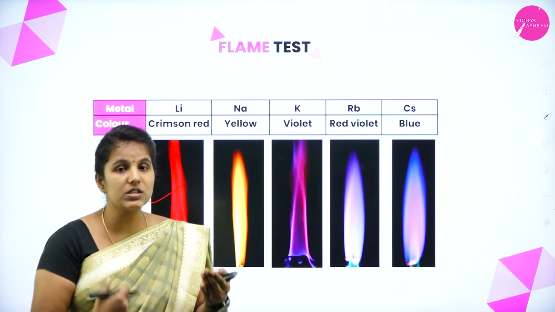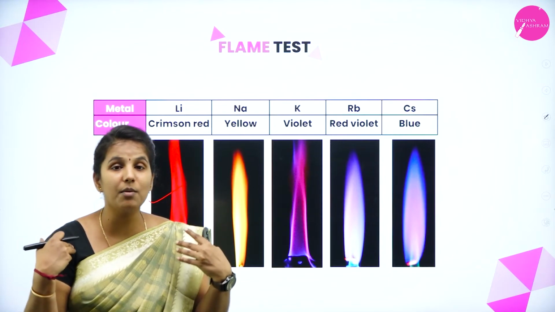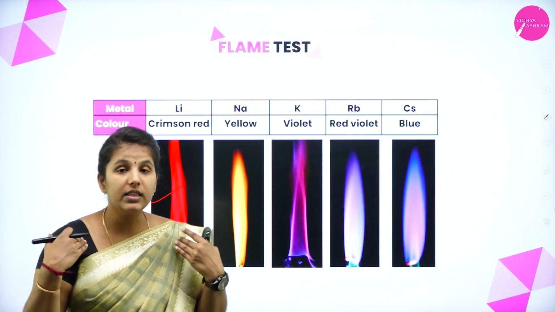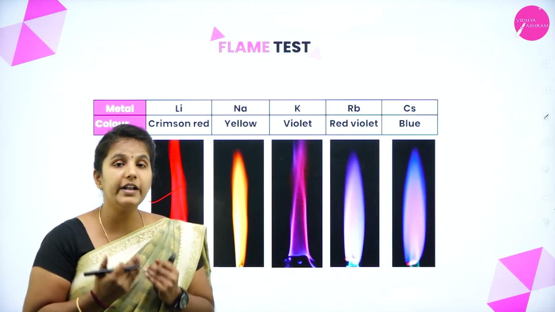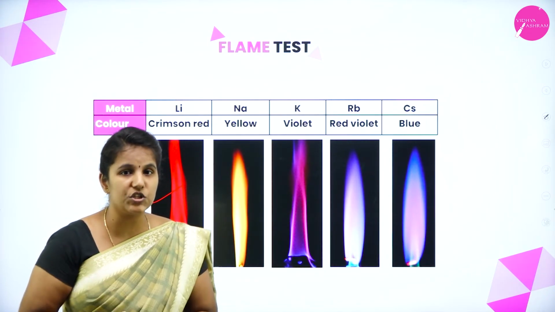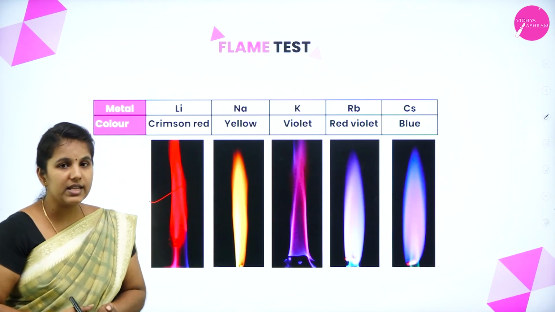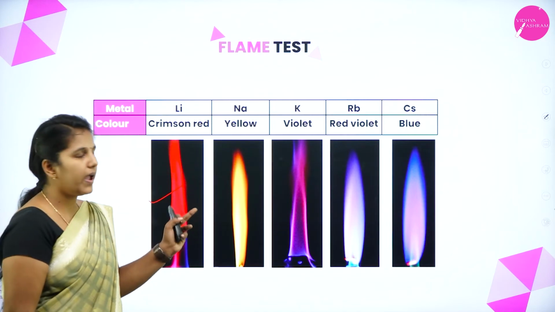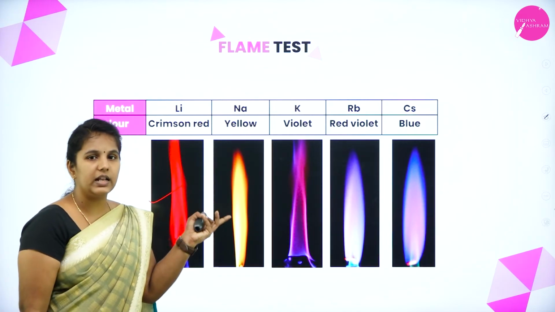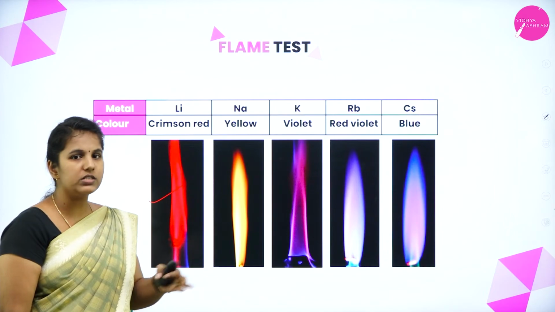When they come back to the original state, they emit some radiation. This radiation emitted by such electrons falls in the visible region. That is why we can see the characteristic colors in these alkali metals. That is why we can see the crimson red color when we hold lithium salts.